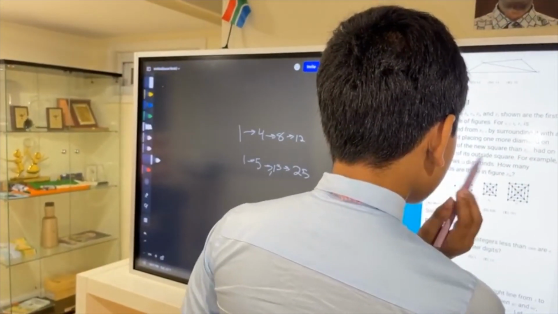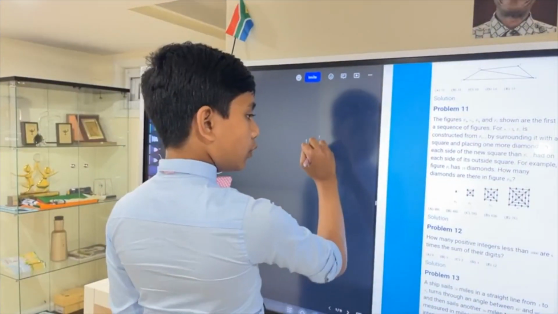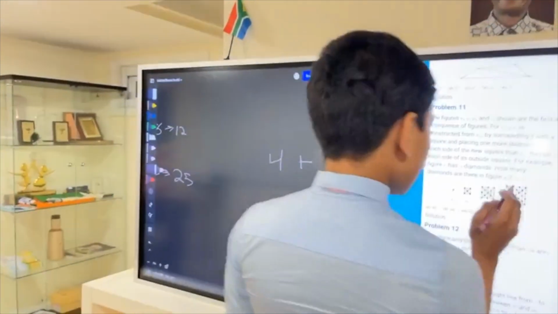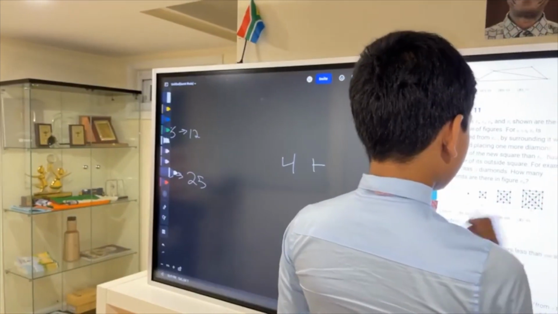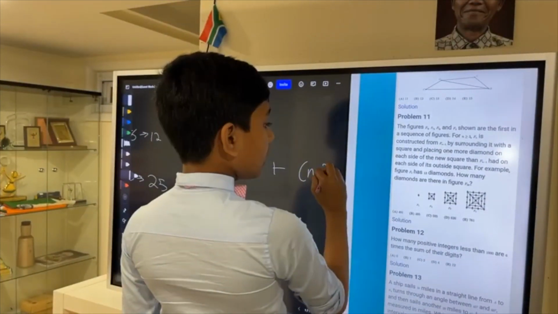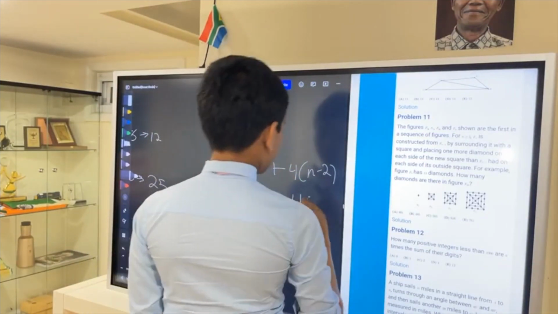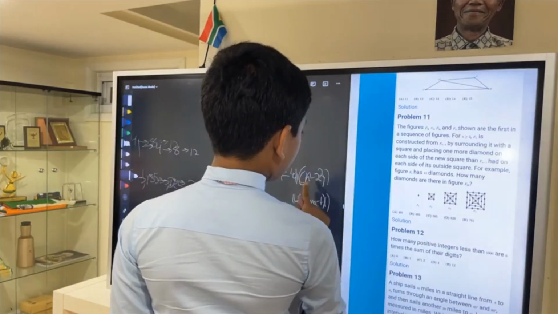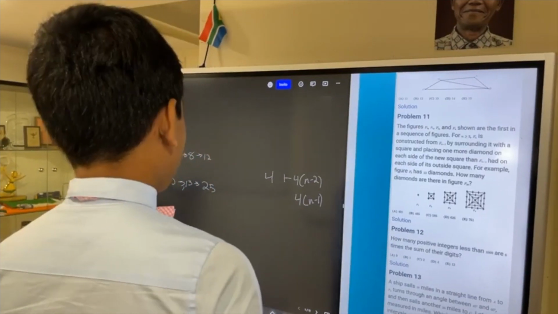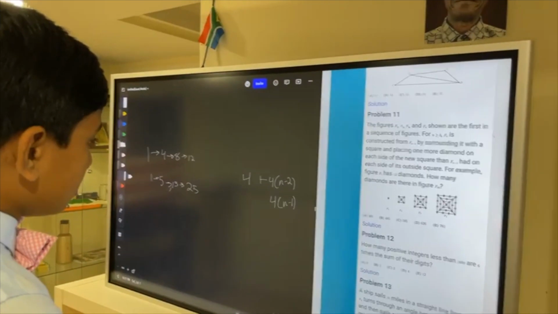So each new one is going to add 4 plus, in figure F4, there were 2 on each side. So n minus 2 times 4. So 4 times n minus 1 diamonds are going to be added each time. So yeah, that's right. Right?